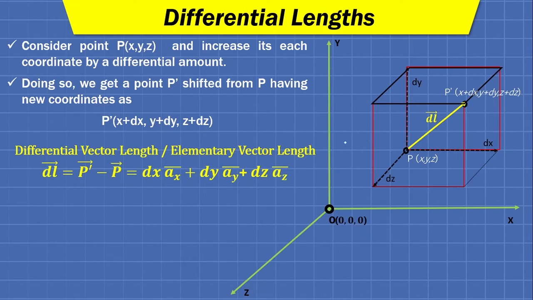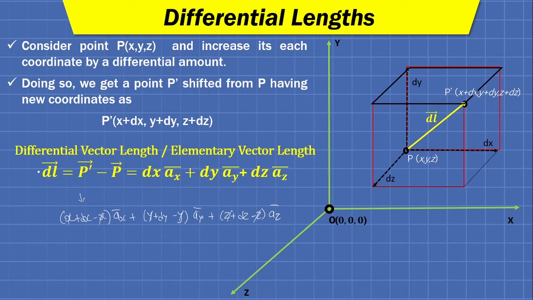So differential vector length, or dl bar, is nothing but the position vector of final point minus position vector of initial point. So we will have (x plus dx minus x) ax bar plus (y plus dy minus y) ay bar plus (z plus dz minus z) az bar, and simplifying it, we will have dx ax bar plus dy ay bar plus dz az bar.